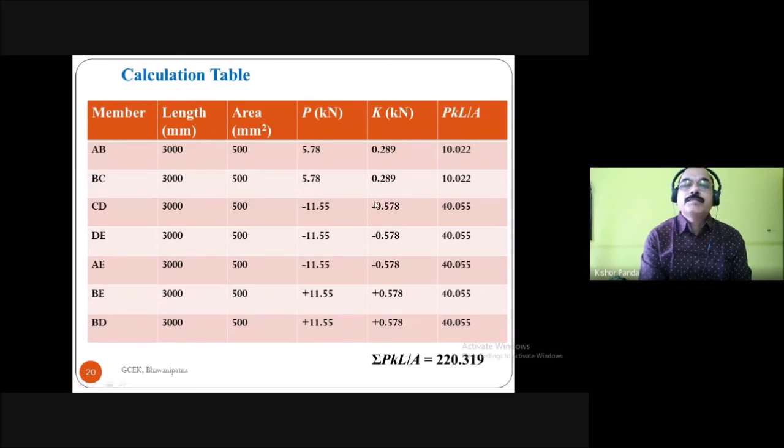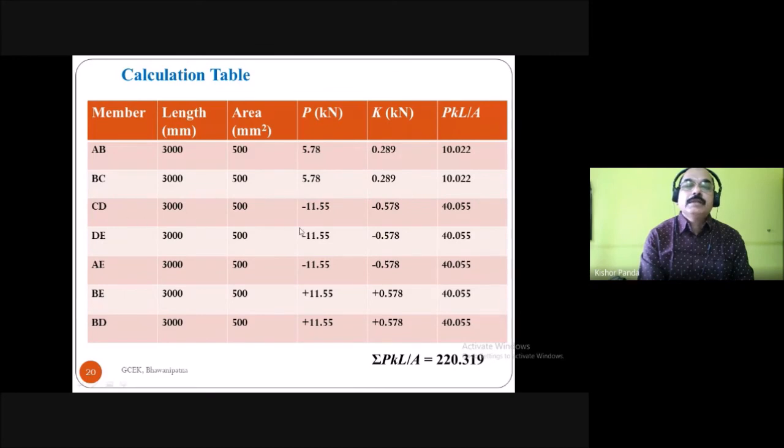Then these are the forces in the members due to the unit loading at point B. For the AB member it is 0.289 kilonewton, and for BC the force is 0.289, positive tensile.